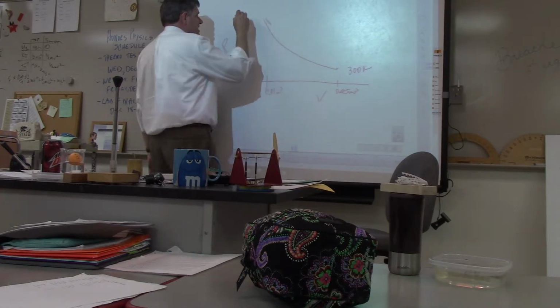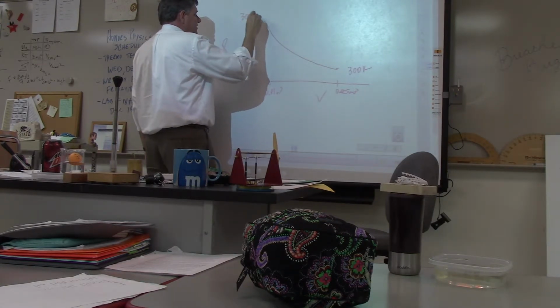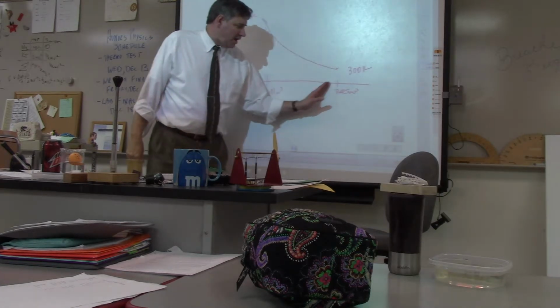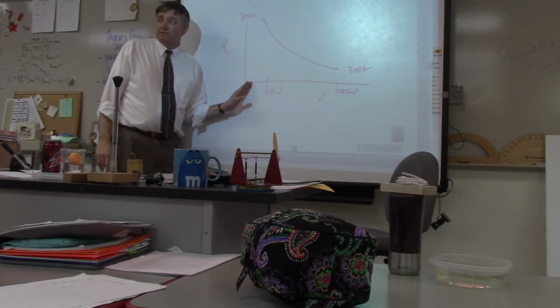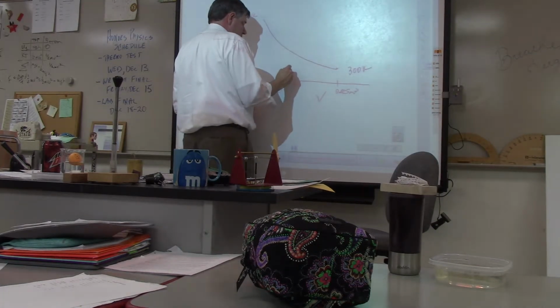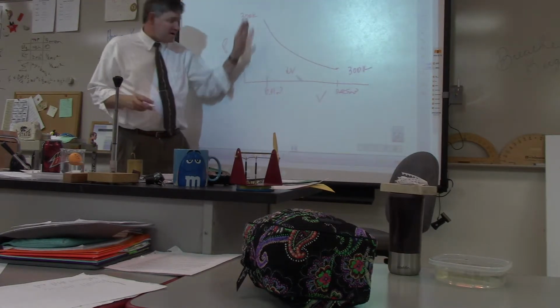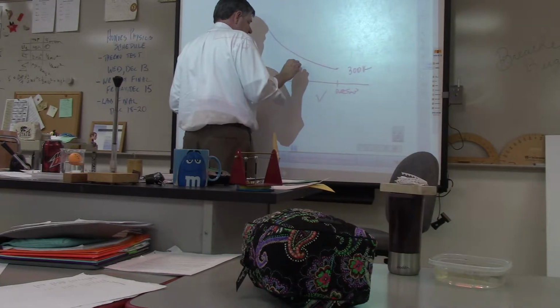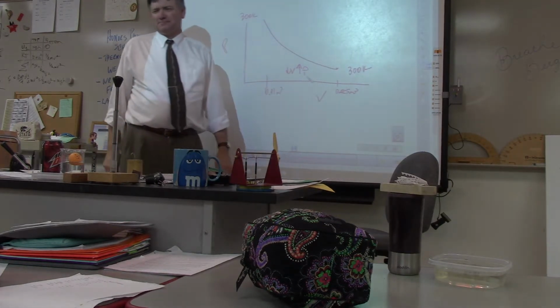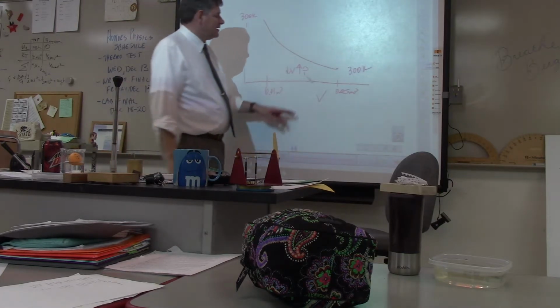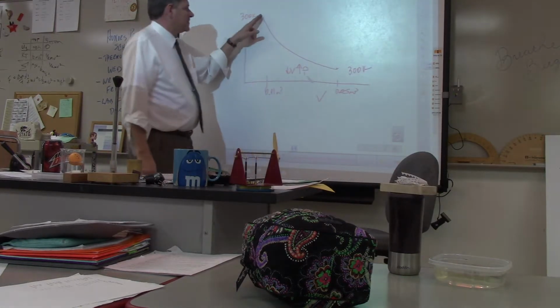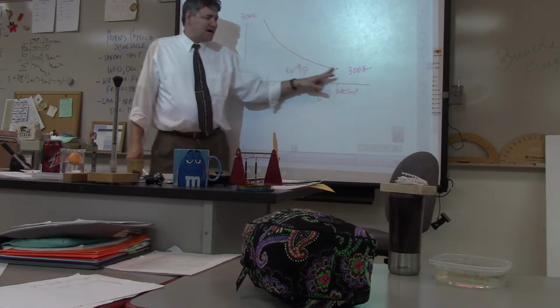It's the exact same. It's still 300 Kelvin. But what's happened to my volume? My volume has gotten smaller, so I have more pressure. So what do we call this line then? Isothermal.